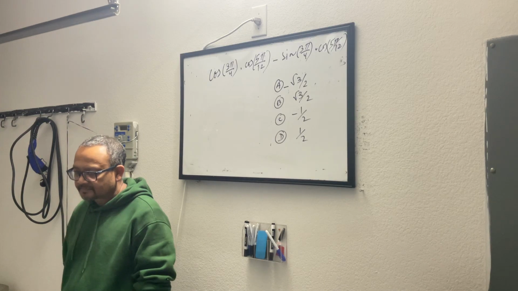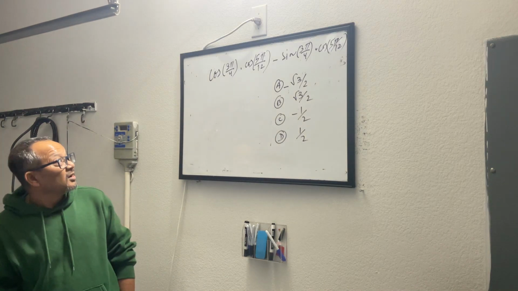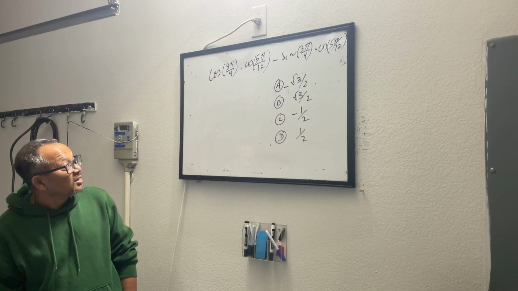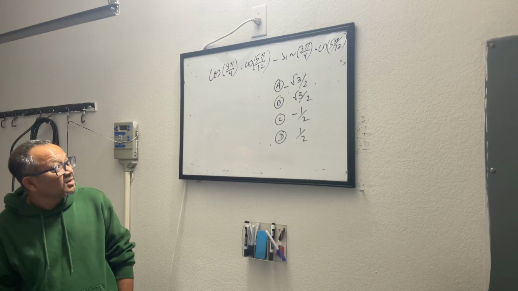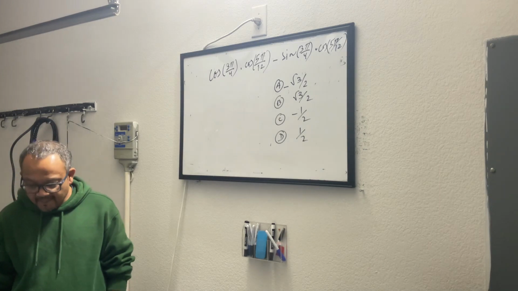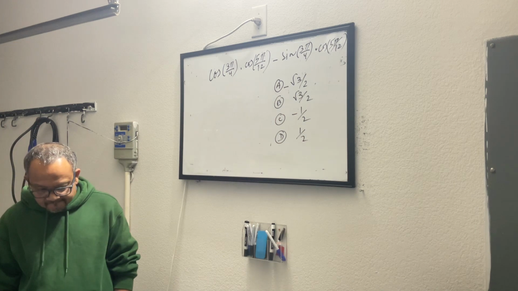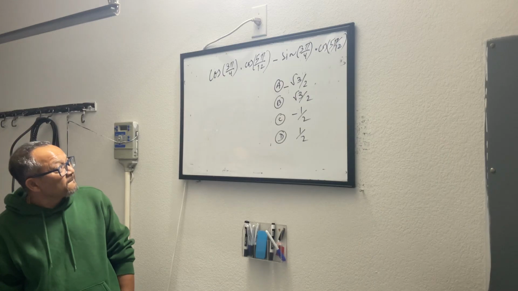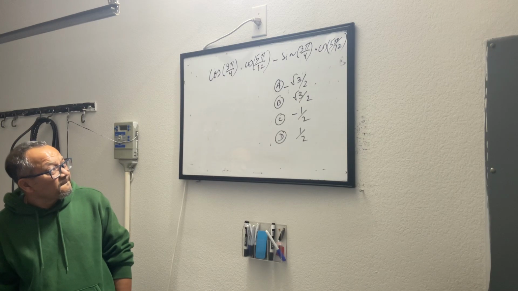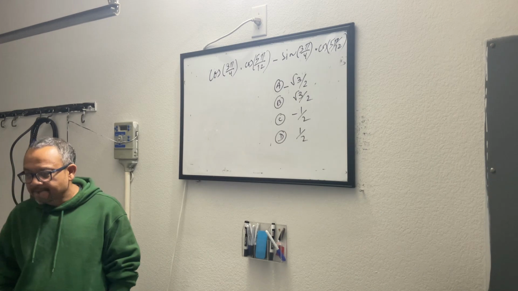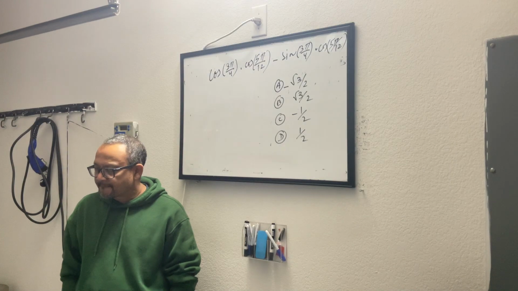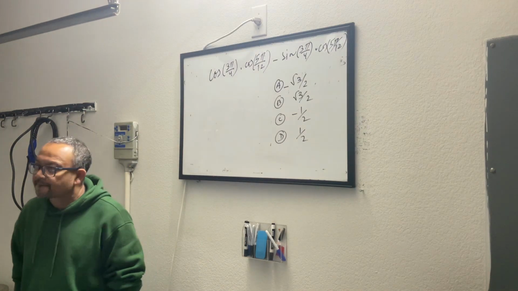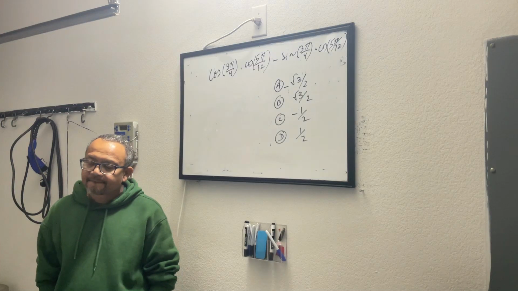I started by simplifying all of the 3 pi by 4 and 5 pi by 12. The 3 pi by 4 would have been 135, so if you have a cos of 135, it will be in the second quadrant, meaning that would be a negative value. And then 5 pi by 12 was 75, so it would have been a positive value.